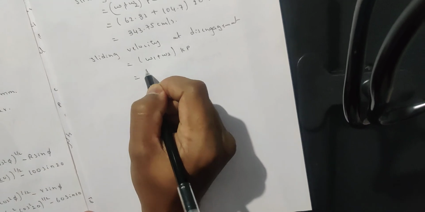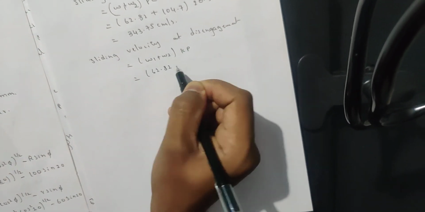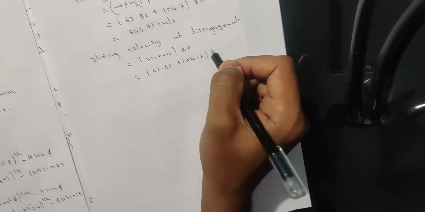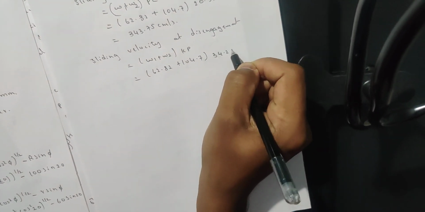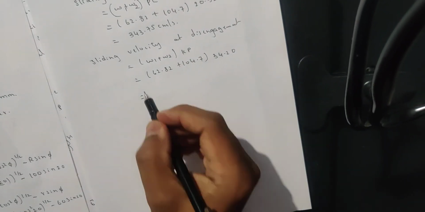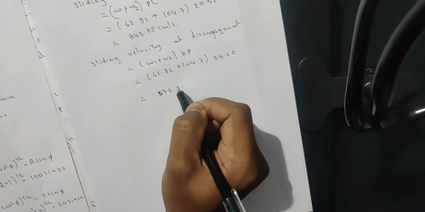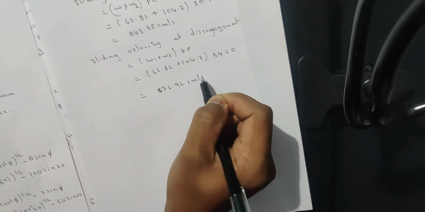So same thing, 62.82 plus 104.7, KP is how much we got? 34.20. So 34.20 you have to multiply here. So we'll be getting it as 572.92 centimeters per second. So this is how we need to solve this particular problem.